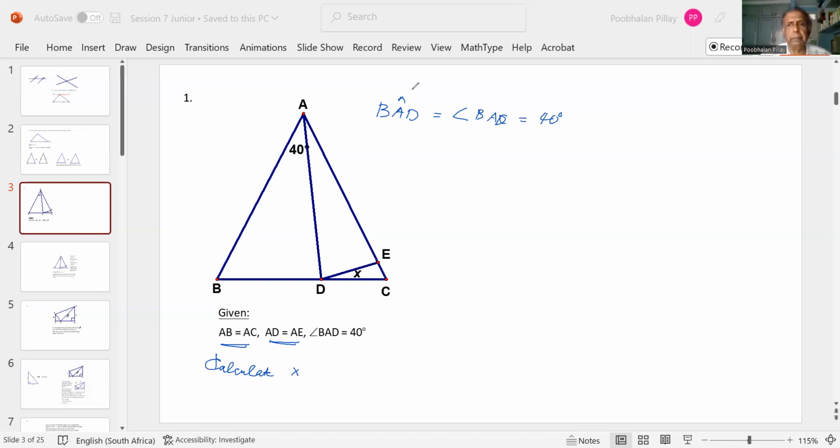Now, you would do well by stopping here and trying to prove it yourself. All right, close everything and try to prove it yourself. And after you have tried, then you can come back and look at what I'm doing.